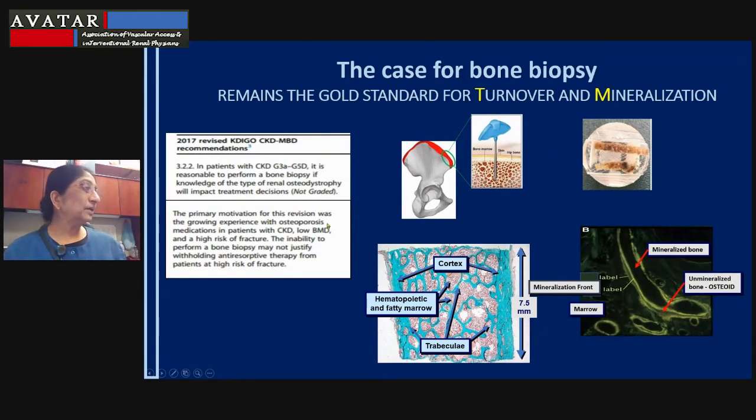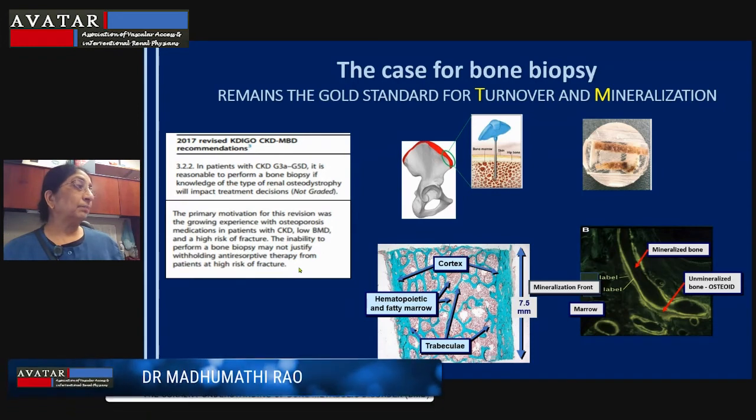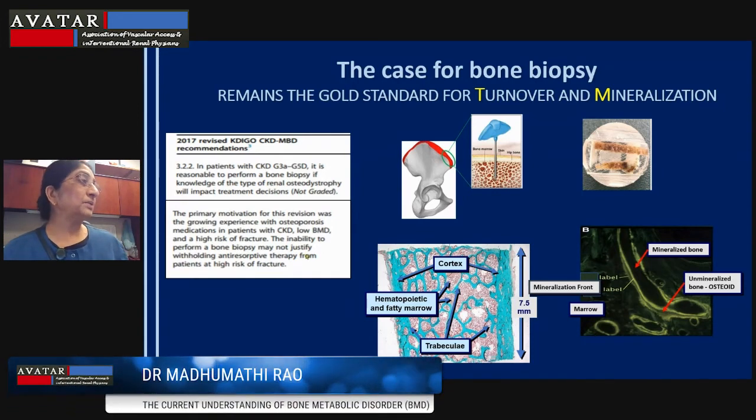The primary motivation for this was a growing acknowledgement that osteoporosis was something that we needed to tackle in patients with chronic kidney disease, patients with low bone density who were at a high risk of fracture, and the inability to treat these patients with osteoporosis medications because we did not have adequate data should prompt us to proceed with a bone biopsy to get as much data as we can.